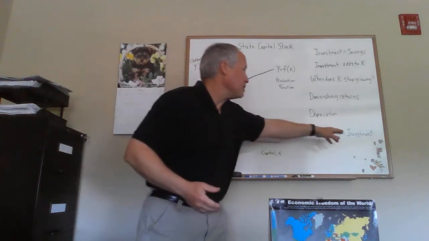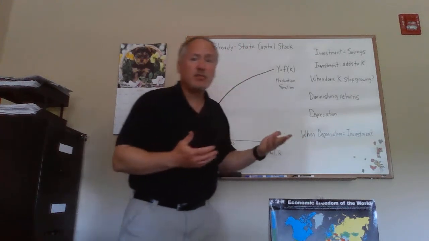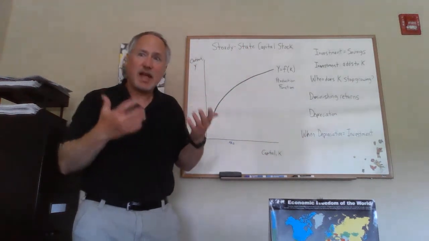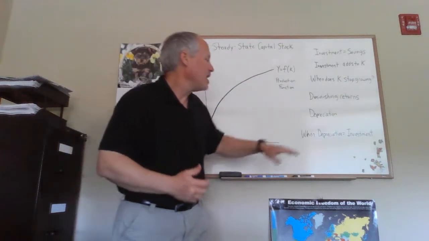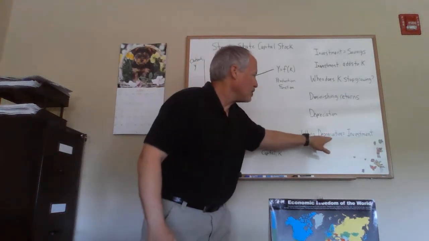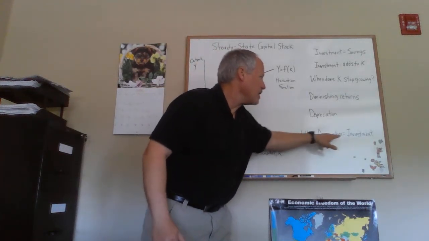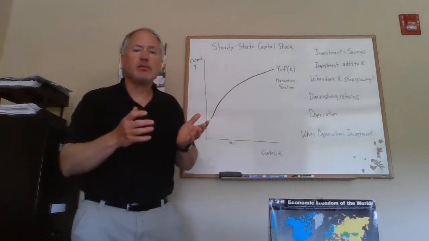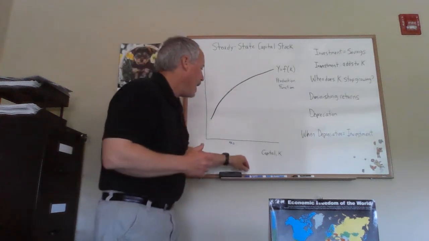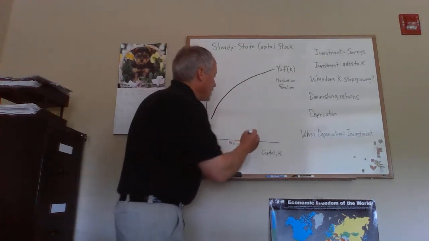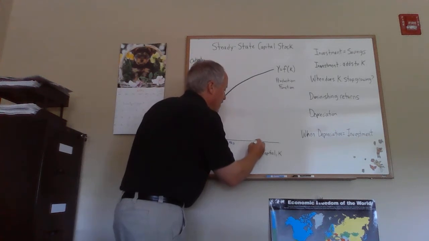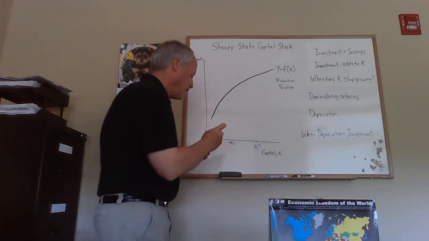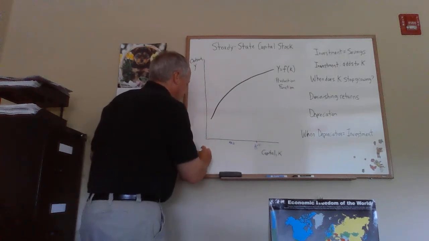And if that happens to be the level of savings and investment, the level where savings is capped in the economy, that's going to give us the result that we need, that all of the investment is simply going into depreciation. And when we get to that level, wherever it is, capital is going to be fixed at the steady state. So we might say K-star is the steady state capital stock.